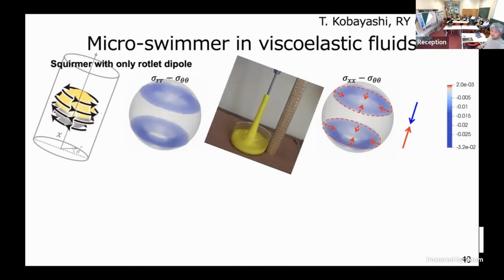That effect is stronger somewhere in between the North Pole and the equator, and it happens symmetrically in the North Hemisphere and South Hemisphere. This Weissenberg effect is similar to a rubber band. If you have a particle here, the rubber band tries to shrink in the North Hemisphere and South Hemisphere. This shrinking rubber band tends to push down the particle, and this one tends to push up the particle. Because of the symmetry, nothing happens in this case.